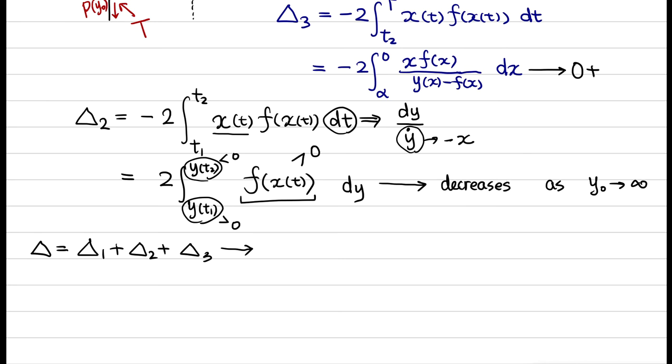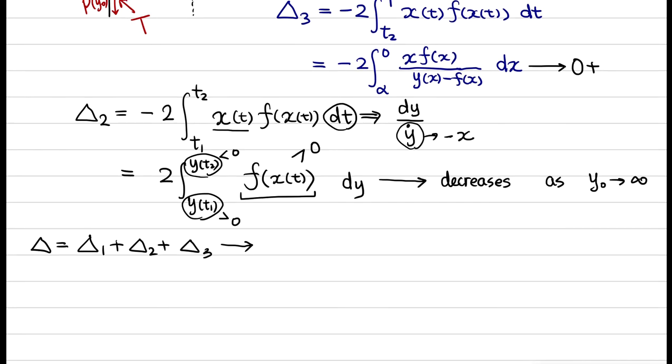So starting from a negative value and decreasing, we have proved that delta 1, delta 2, delta 3 are all decreasing. Delta 1 and delta 3 are actually vanishing, starting from a positive value. Delta 2 starts from a certain negative value and keeps decreasing, so all of them decrease to a negative value.